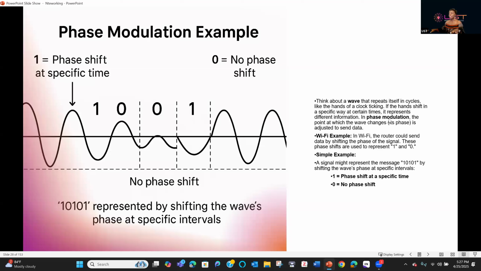In phase modulation, it is the point at which the wave changes. Here, no phase shift. But here, 1 equals a phase shift, 0 equals no phase shift. It's adjusted to send data.